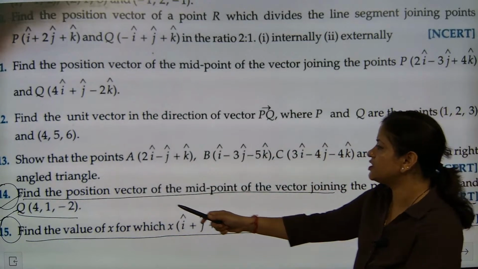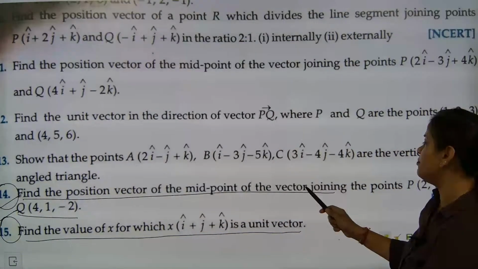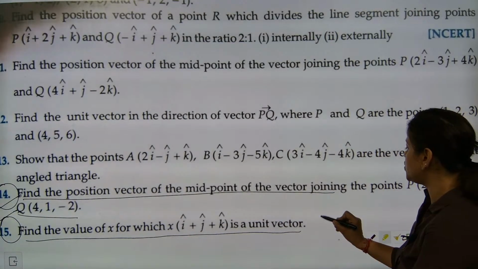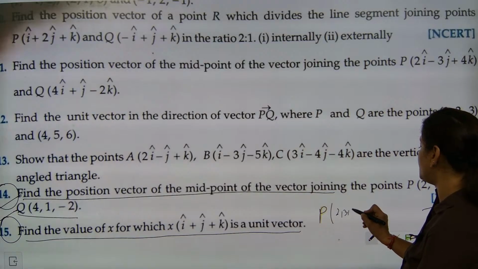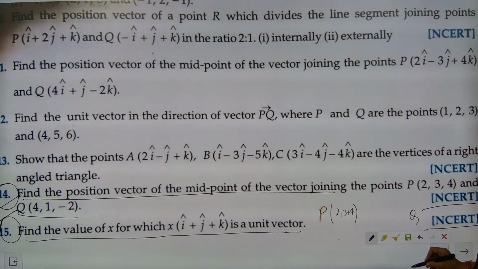Find the position vector of the midpoint of the vector. What are the two points? One point is P, given as (2, 3, 4). Another point is Q, given as (4, 1, -2). What is the midpoint formula? (2 plus 4) divided by 2, 6 divided by 2 is 3.